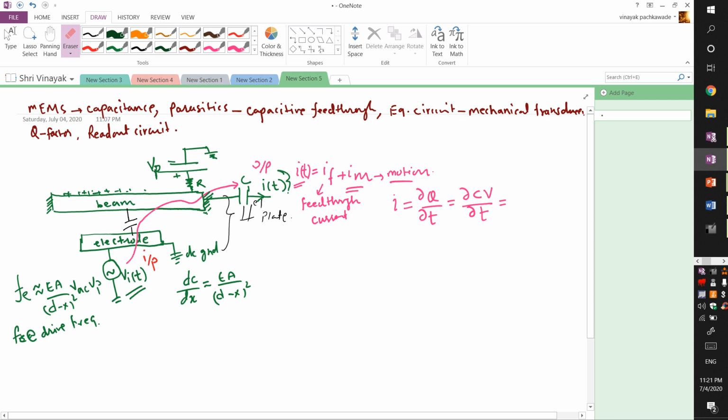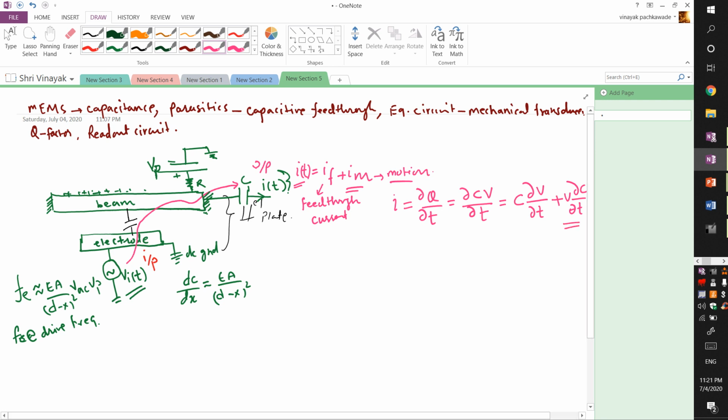So there are two variables, so we can write it as C times the derivative of this voltage, plus V dC/dt right here. So there is a capacitance variation here because of the displacement.